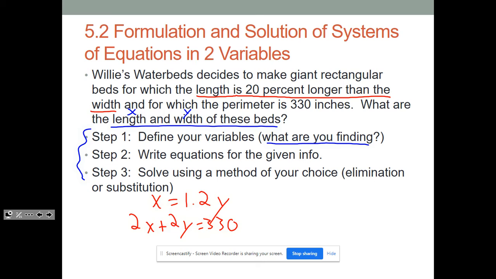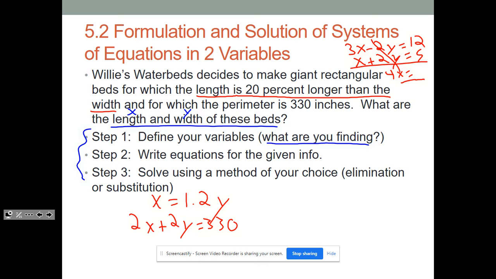Okay, so this one, I wouldn't use elimination here. Remember, elimination would be if I had like 3x minus 2y equals 12 and x plus 2y equals 5. Add them to get those to cancel, and so on. Well, we don't need to do that here because my first equation looks a little different. We don't have anything added or subtracted.